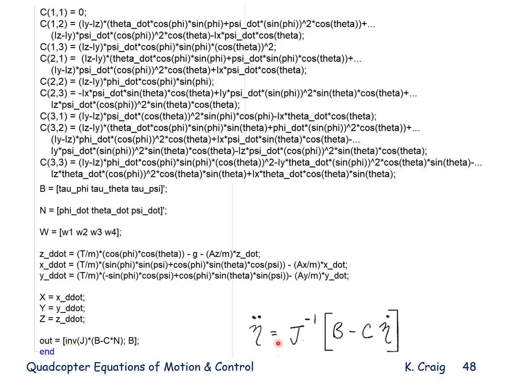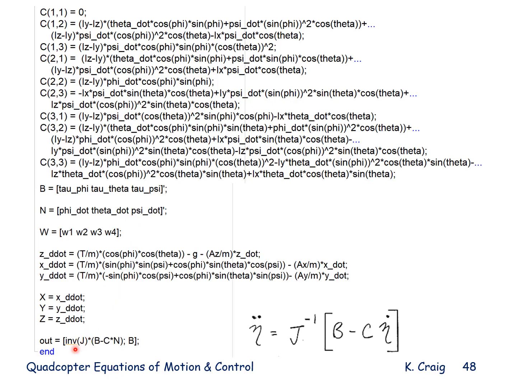Eta double dot is equal to the inverse of the matrix J times the matrix B, which is a column vector of the moments for roll, pitch, and yaw, minus the C 3 by 3 matrix times eta dot, which is the N vector consisting of the derivatives of the three orientation variables, phi, theta, and psi.